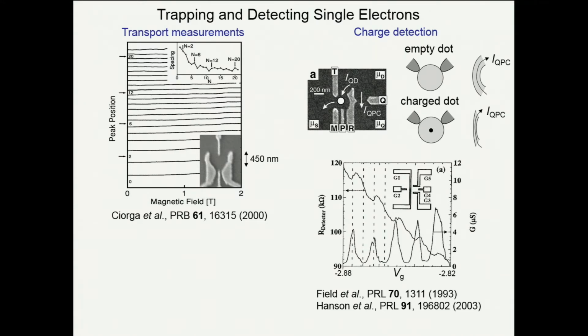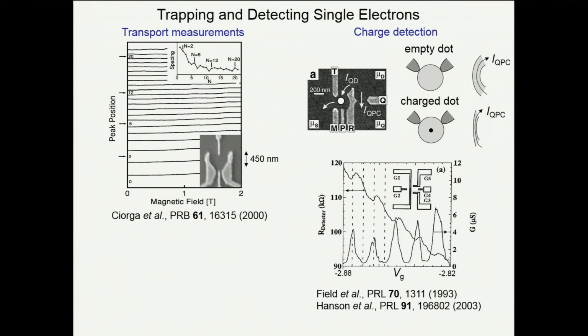But what this group showed is that they could measure the conductance through the dot as a function of the gate voltage and observe these Coulomb blockade peaks, as we discussed before. But if they measured the conductance through this quantum point contact, they saw that every time the electron number changed on the dot, there was a change in the conductance through the quantum point contact.